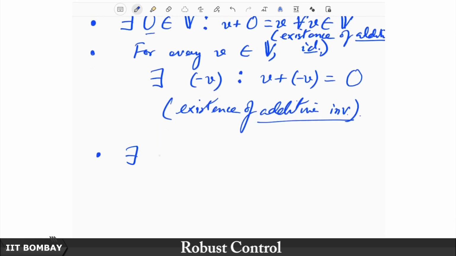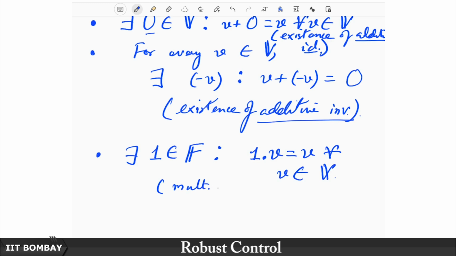There exists a multiplicative identity, and this is also going to be unique, which belongs to the field F, such that when you do a scalar multiplication with this element of the field and any v, it gives you back the same vector v for all v in the set V. So, this is basically the existence of multiplicative identity.